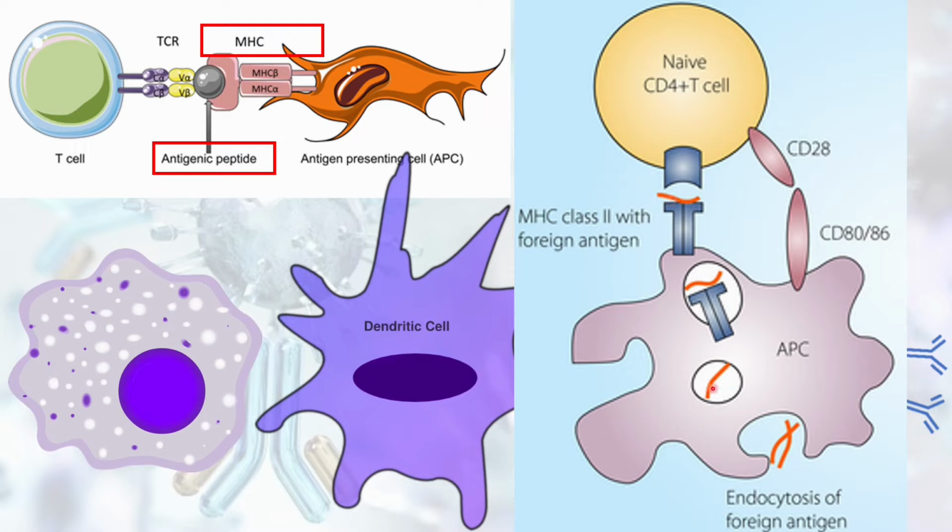And so the antigen here is actually inside vesicles and then will be associated with MHC class 2 in order to be recognized by the T cell. And we've already agreed that this is protein in nature.